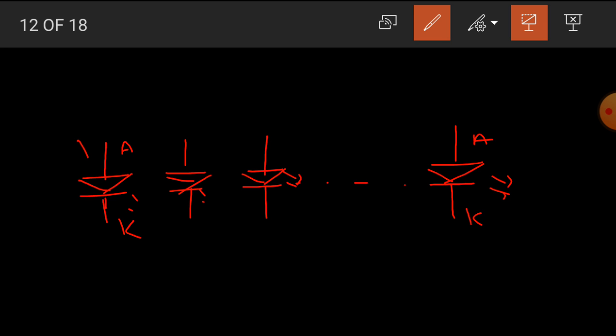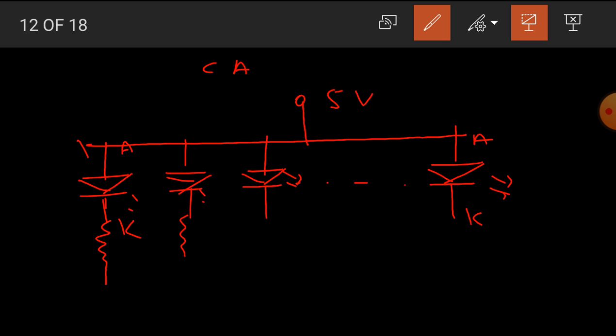If we want to see the common anode type display, that means the anodes of all the LEDs are common and given to the plus 5 volt, and the cathodes are connected to the ground through a resistor. I hope you all understand the construction of common anode type display.